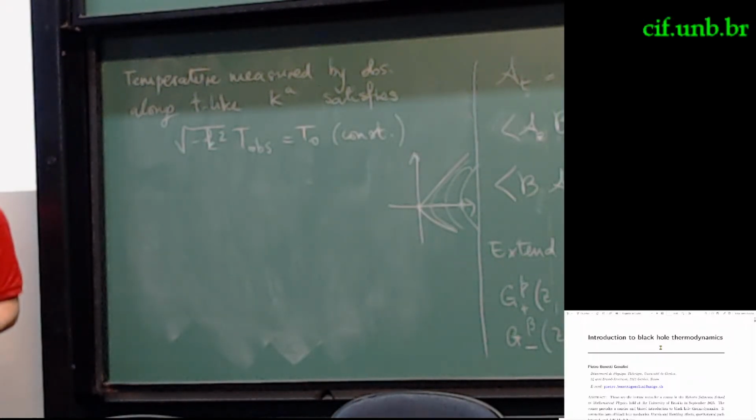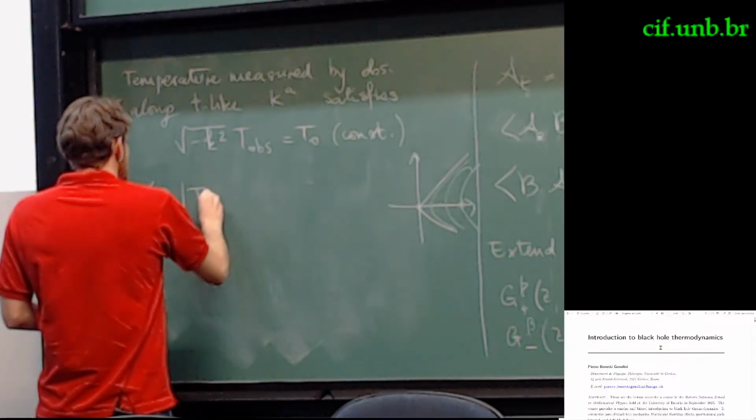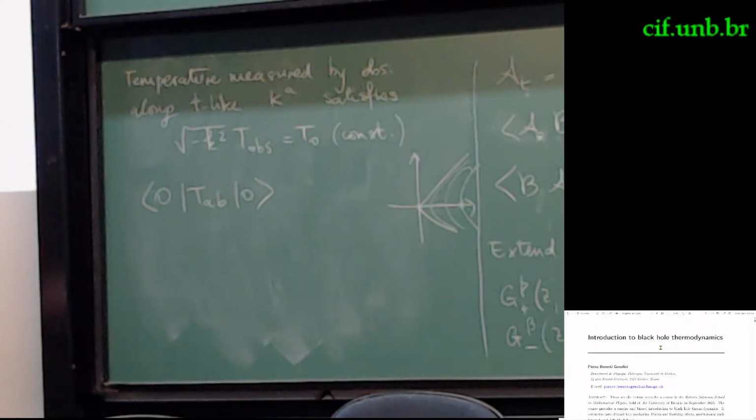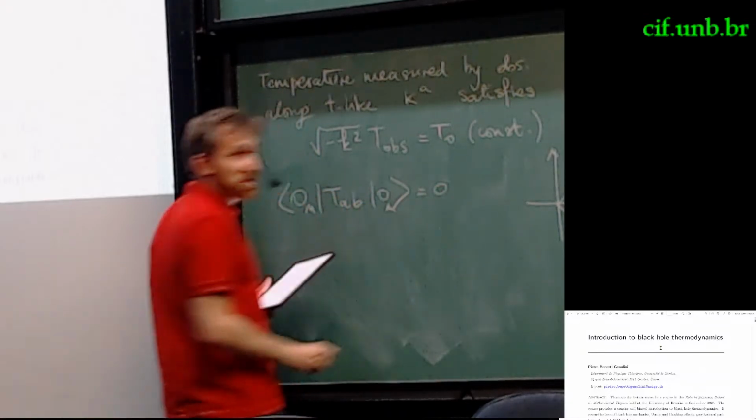If, however, you look at local observables, so not something global that depends on your entire world line, such as the expectation value of the stress energy tensor, then the Minkowski observer will measure 0.